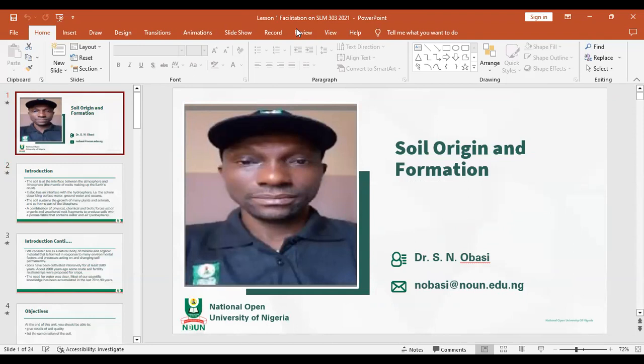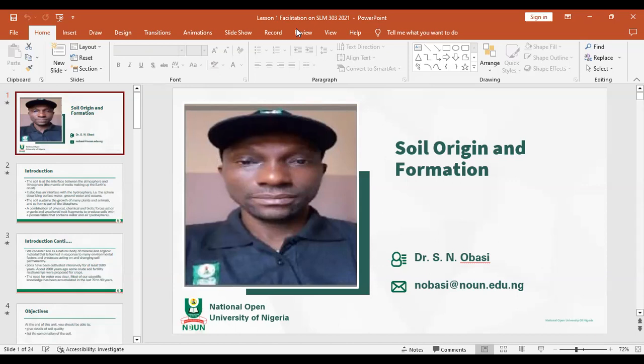It's a very vital course in the study of soil science, because you need to understand that soil is basically divided into two groups, or two broad ways when we want to study soil. One of them is soil pedology.